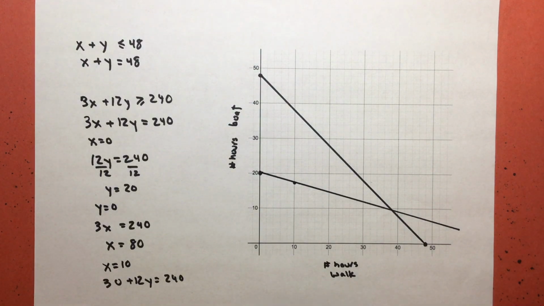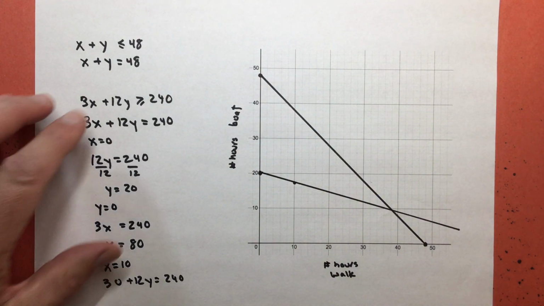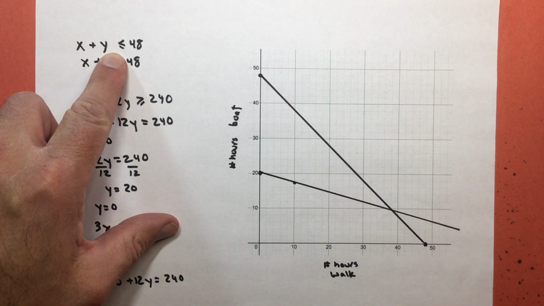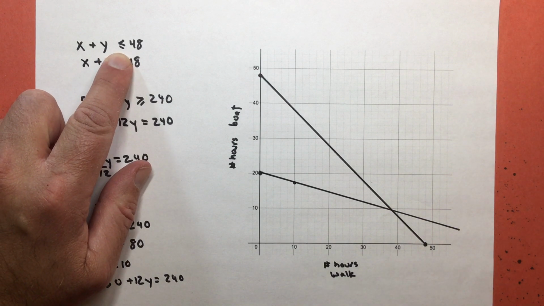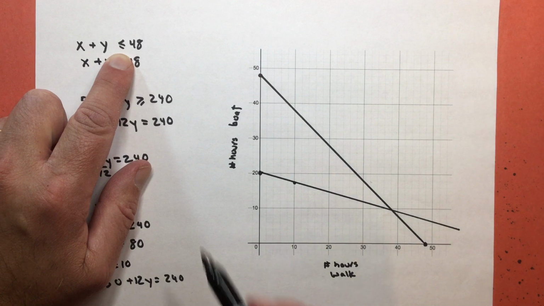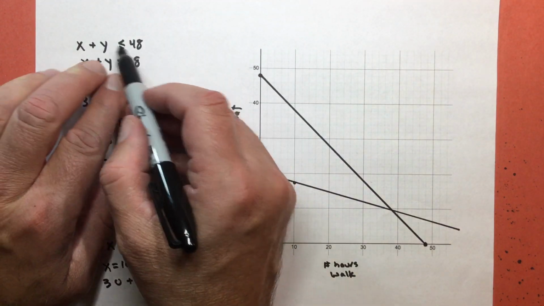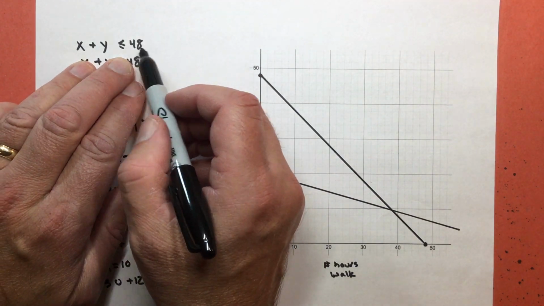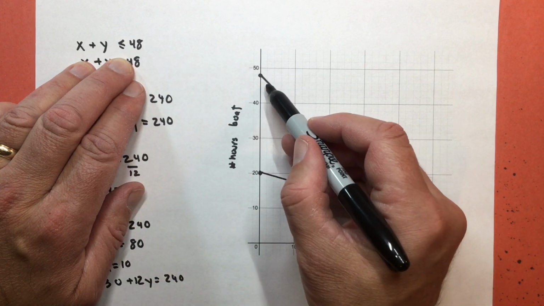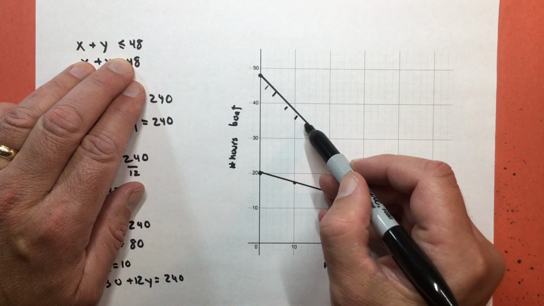Now this is the thing that I told you that I forgot. I am going to shade below this line. If I pick some points and figure out where I'm going to shade, I'm going to be shading right here, like this.